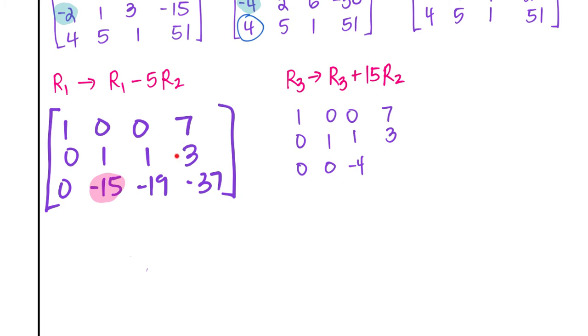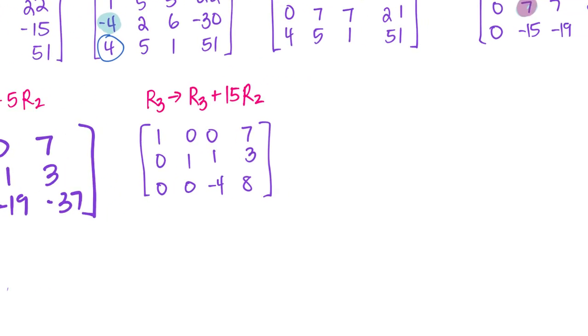And then 3 times 15 is 45. 45 minus 37 is 8. Okay, so now we have the first row and the second row, columns. First column and second column are done.